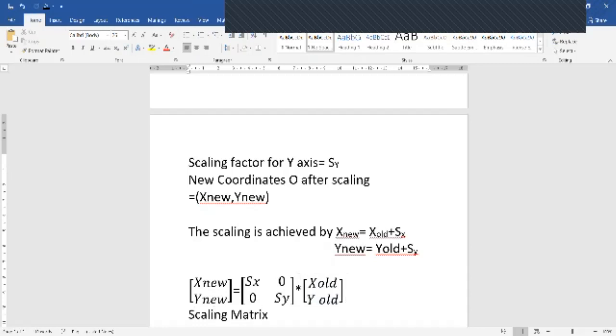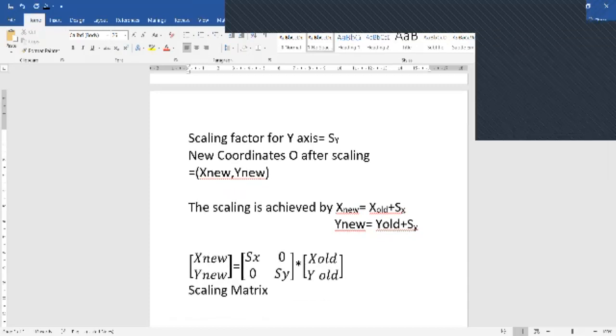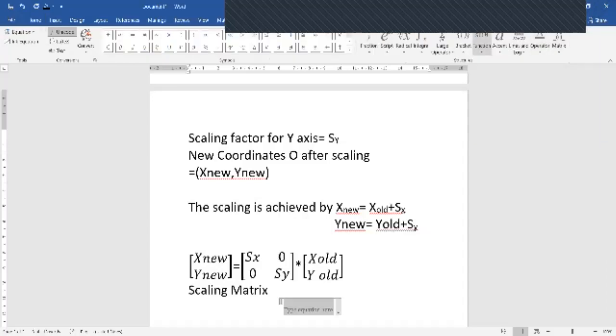For homogeneous coordinates, the above scaling matrix may be represented as a 3 cross 3 matrix. Whenever we are talking about transformation, it should be remembered that we try to make the coordinate system a homogeneous coordinate system.